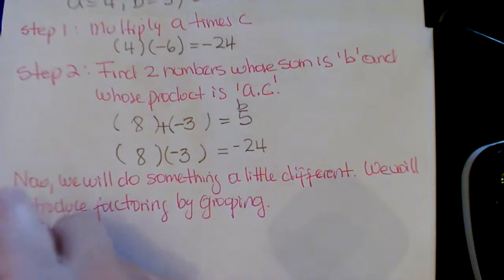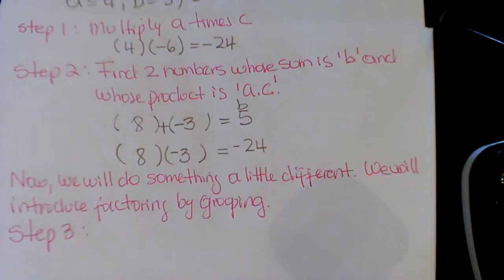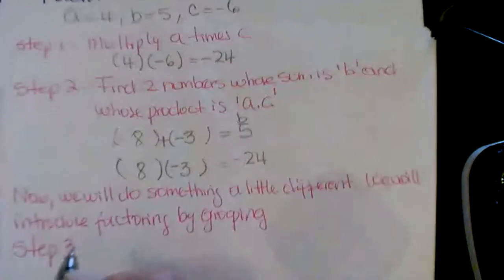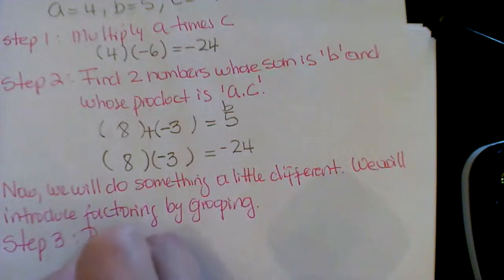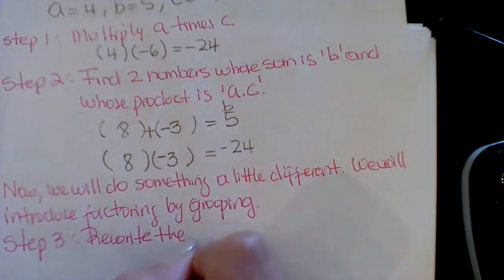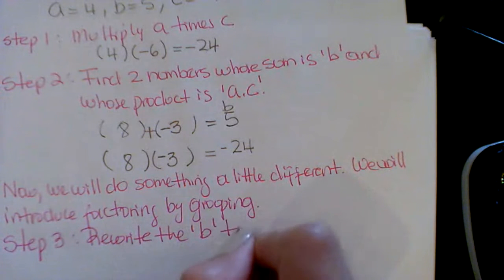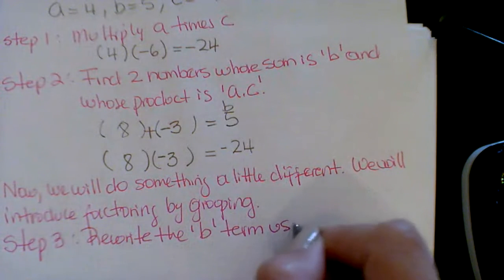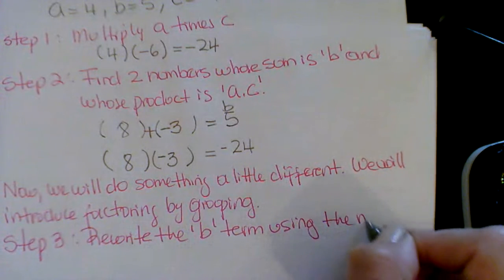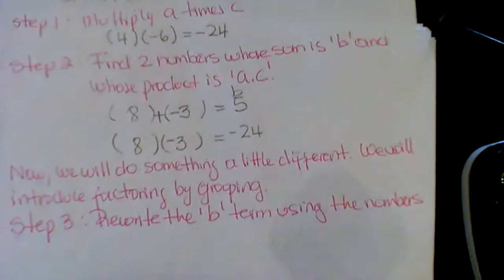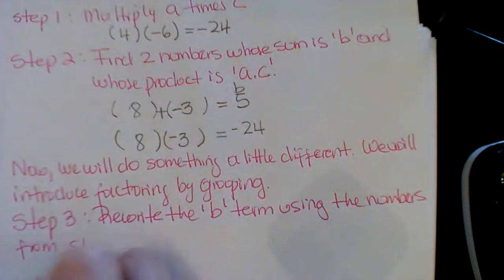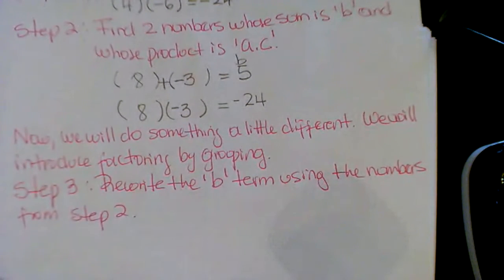Here's the next step, step number 3. We're going to rewrite the B term using the numbers from step 2. This is how we're going to create the 4 terms.